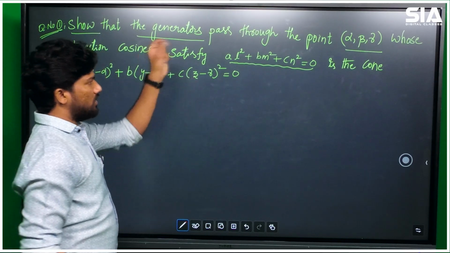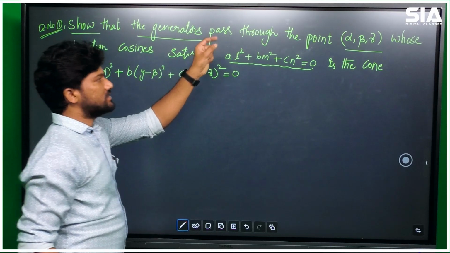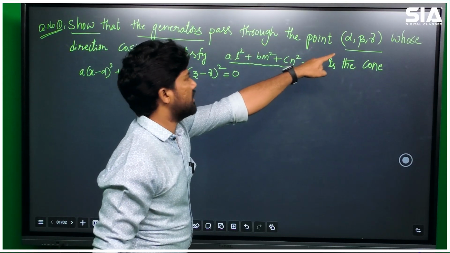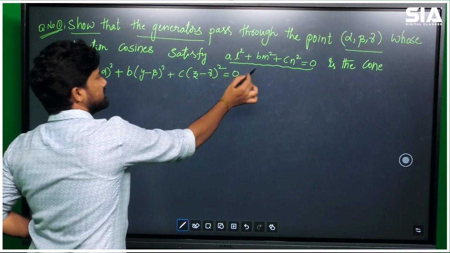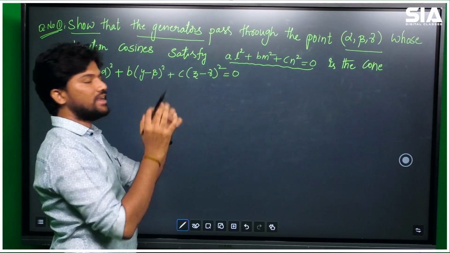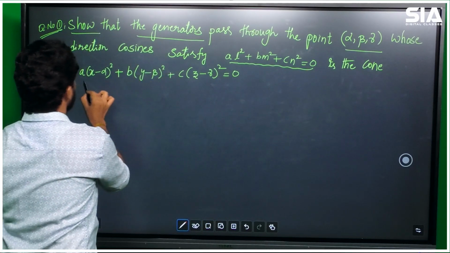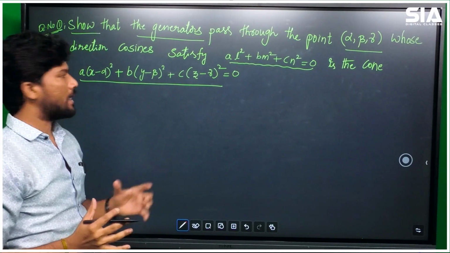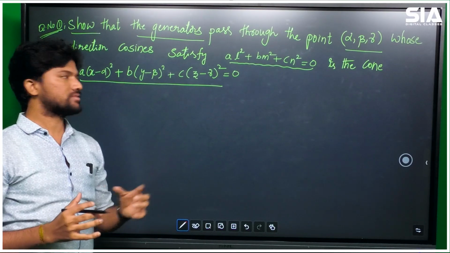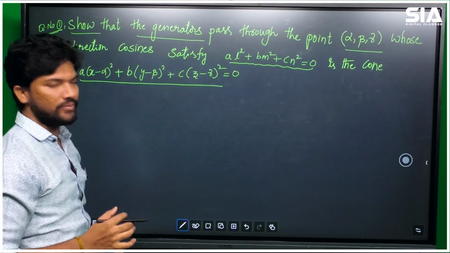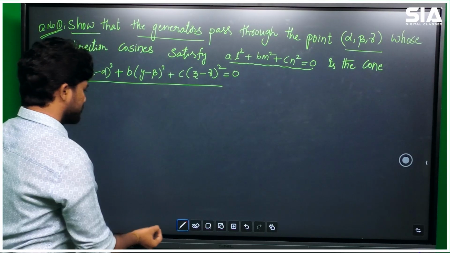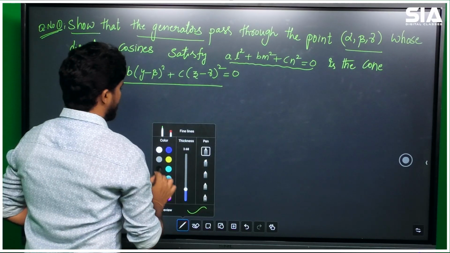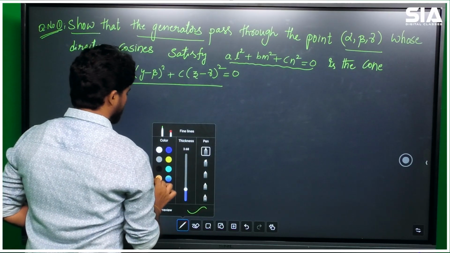So whatever generators pass through this point satisfy this condition, then the final resultant cone equation we have to prove is like this: a into x minus alpha whole square plus b into y minus beta whole square plus c into z minus gamma whole square equal to 0. So this is a very important problem, especially for short answer type questions.